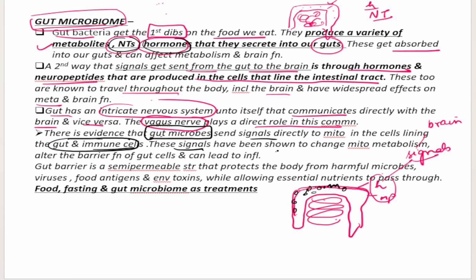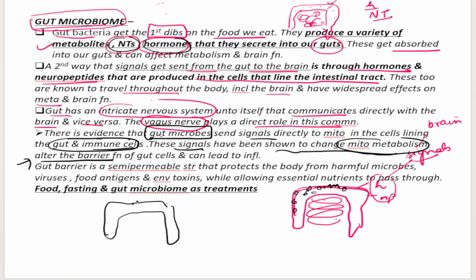And these signals have been shown to change mitochondrial metabolism, and they have been shown to alter the barrier function of gut cells. Now, what is the barrier function of gut cells? The cells lining the gut only allow the essential molecules to enter, and they block the non-essential molecules and waste products, and these waste products are thrown out of the body.